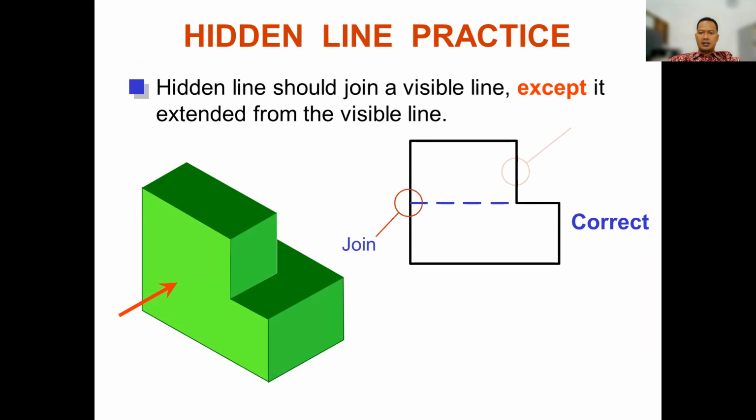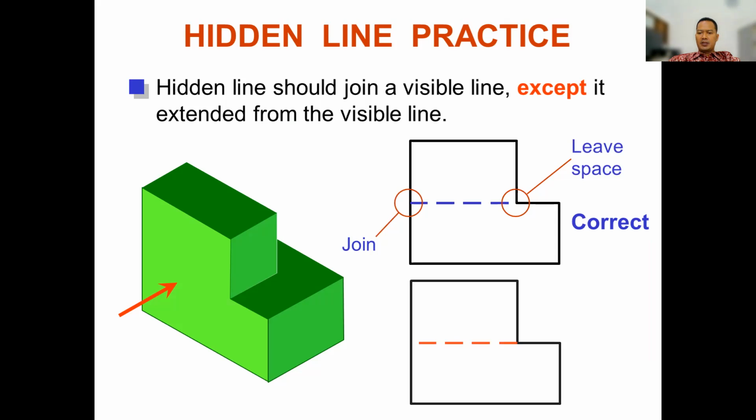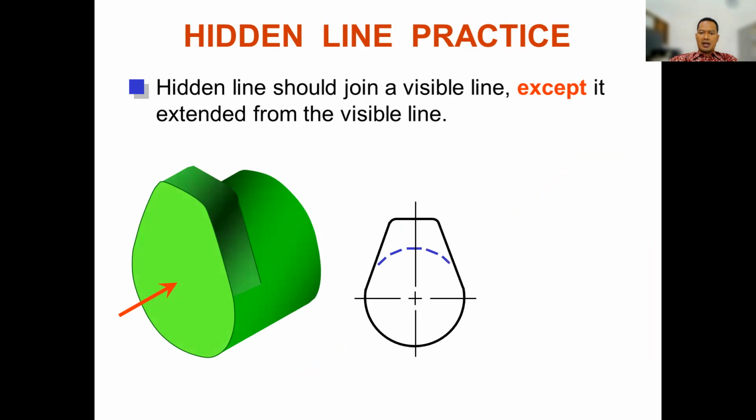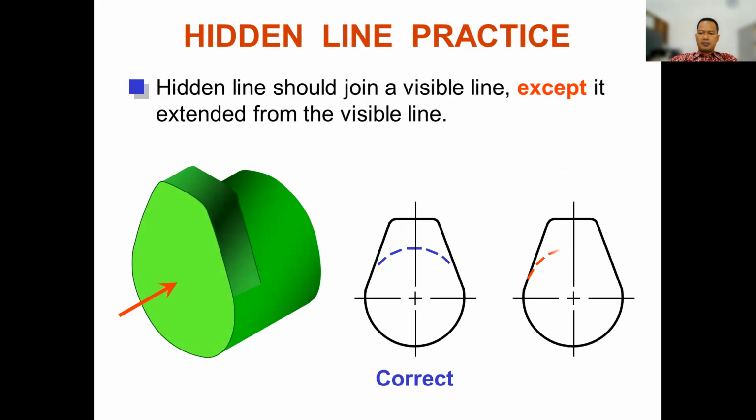You see, it should be joined and leave space in another position. This one is not correct. A hidden line should join a visible line except when it extends from the visible line as well. For example, this one, we have a hidden line, so leave space here. This is correct. This is not correct.